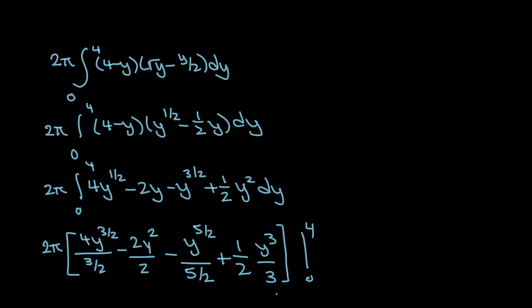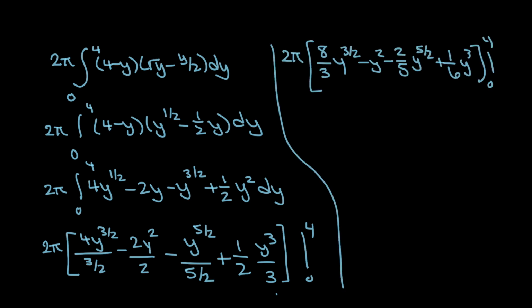All right, integrating, we get first term 4y to the 3/2 over 3/2 minus 2y squared over 2 minus y to the 5/2 over 5/2 plus 1/2 y to the 3rd over 3. And then I'll simplify that antiderivative a little bit because I know dividing by a fraction is the same as multiplying by the reciprocal. So we still have that constant, that 2 pi.